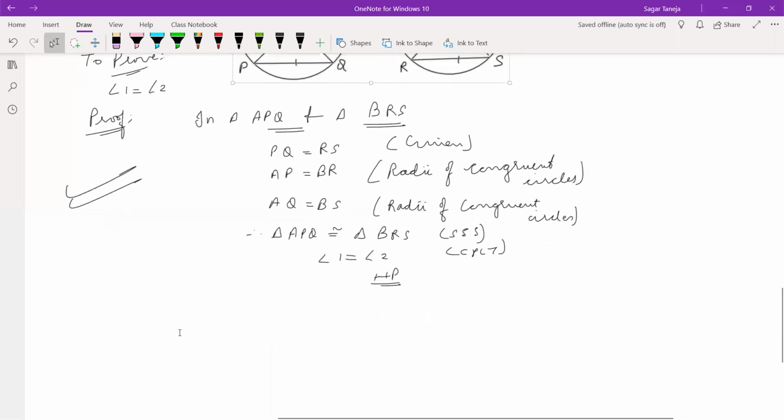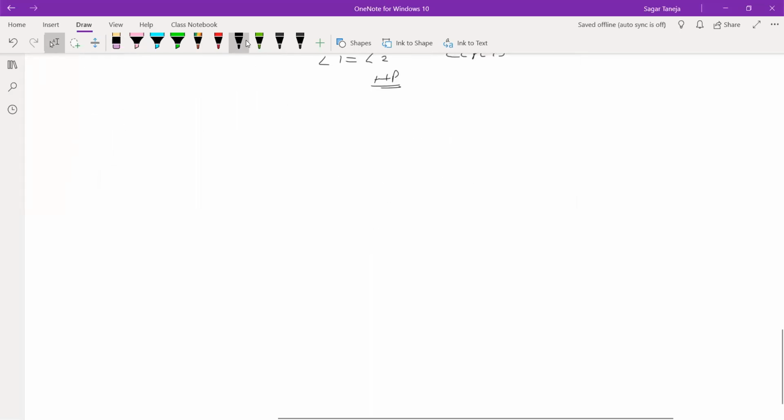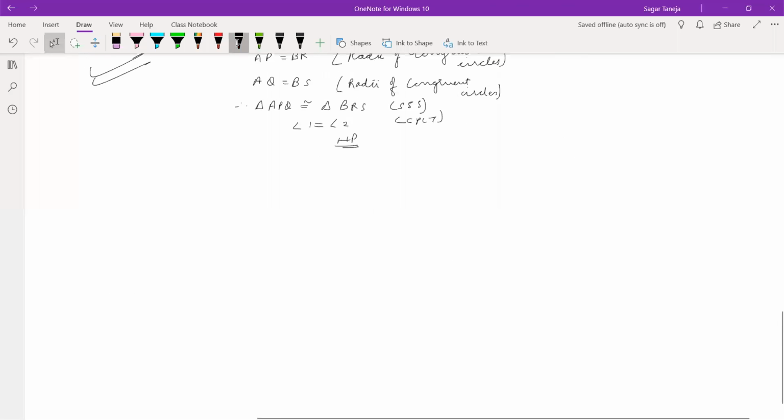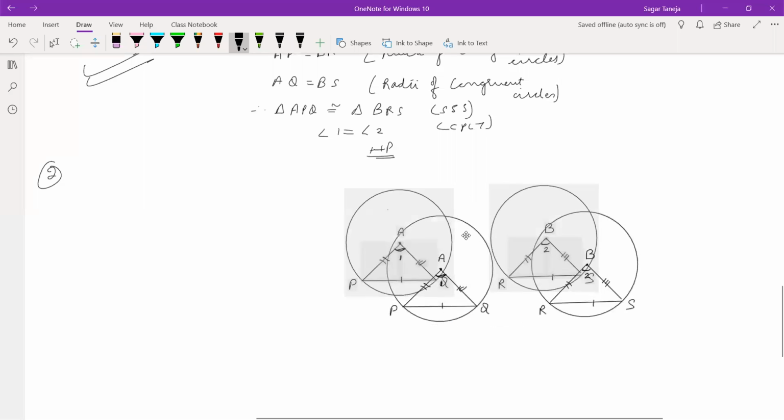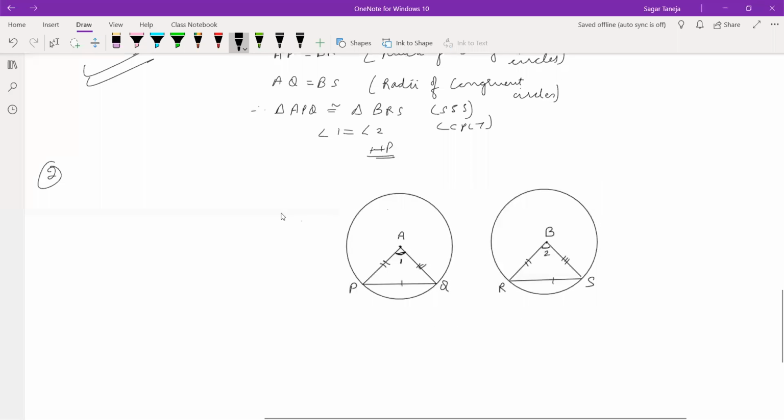Moving on to the second. Now in the second question, write quickly what is given in this question. Just read the second question.